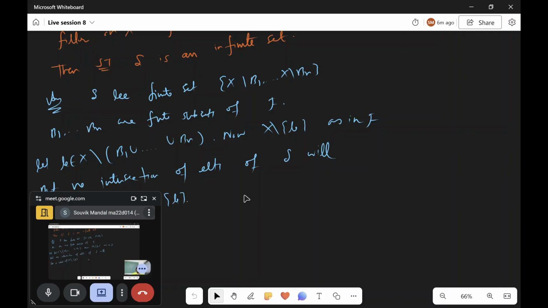That means what? X minus b1 to x minus bn, where b1 to bn is a finite subset of F, and we are choosing b belonging to x minus b1 to bn. Now x minus singleton b has no intersection of all elements of it. This will be a subset of x minus b.